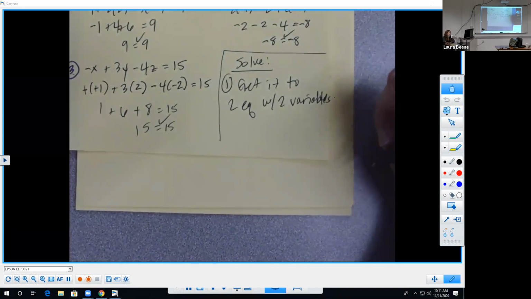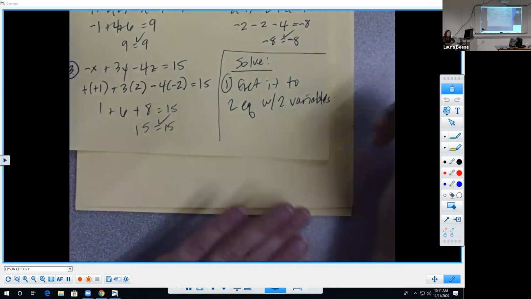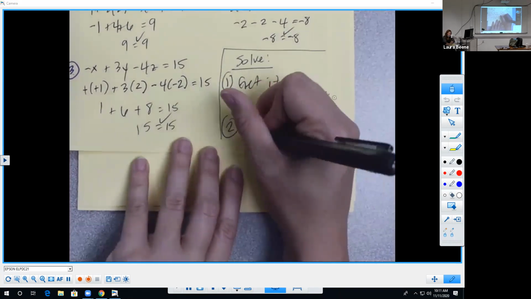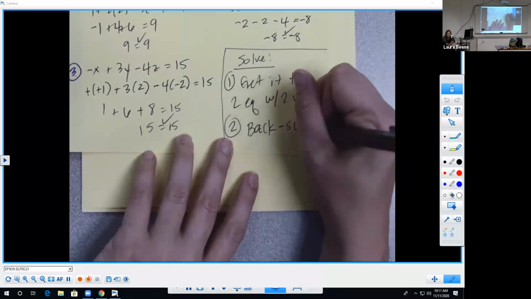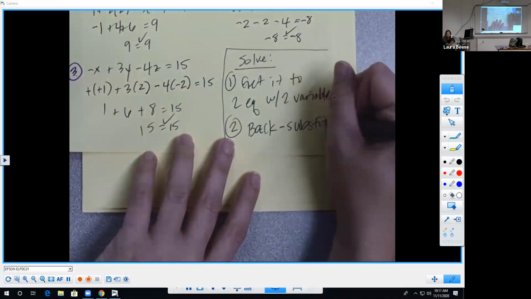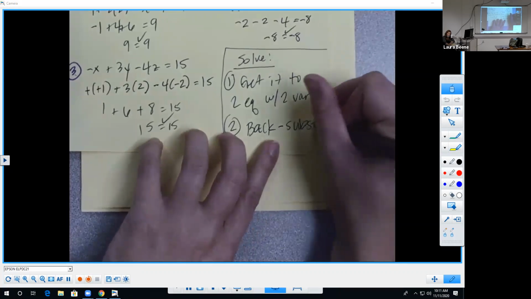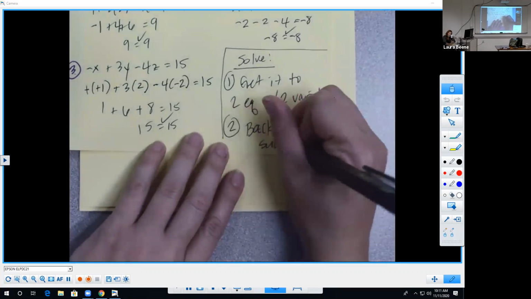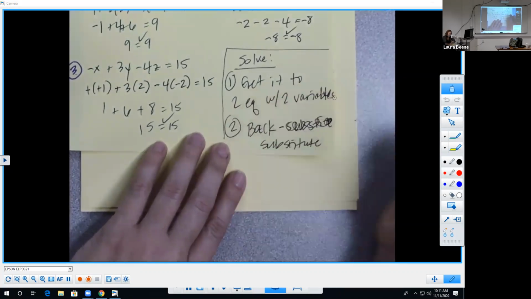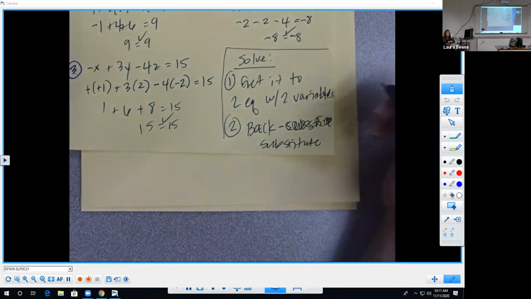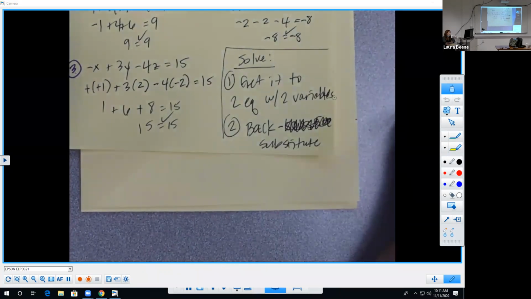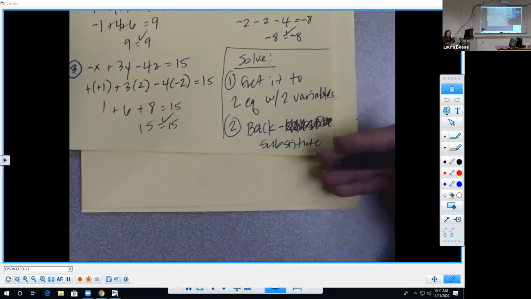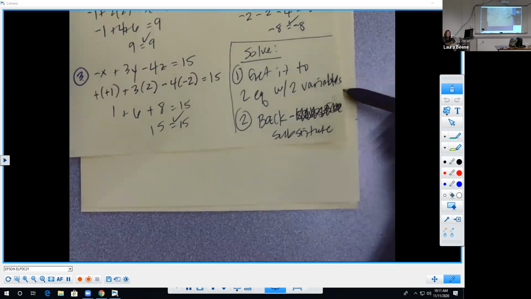Once you solve that, you just back substitute to finish and get all the other answers. Not many steps when you write it down with words, but getting it to 2 equations with 2 variables is a little bit of work.